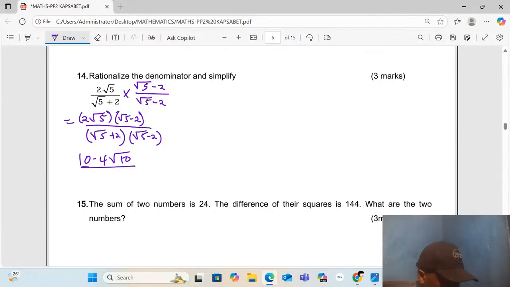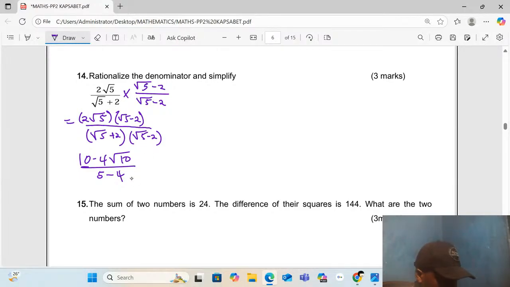Then we divide by, now when you multiply, that is root 5 times root 5, that is square root of 25, 5. So we shall have 5 minus 4.